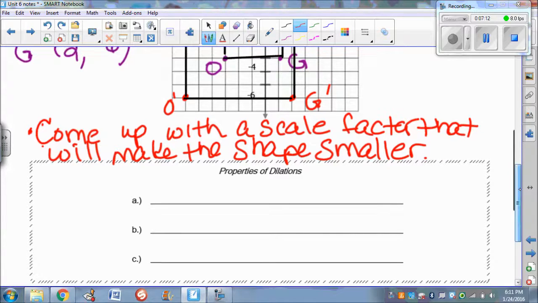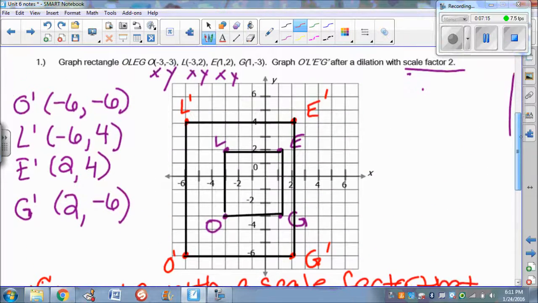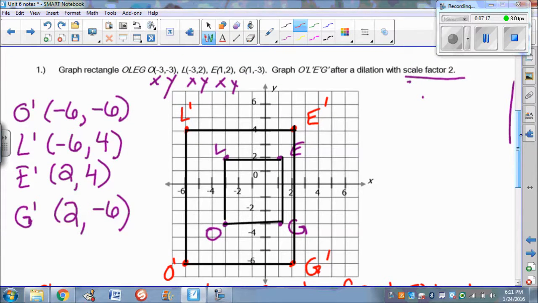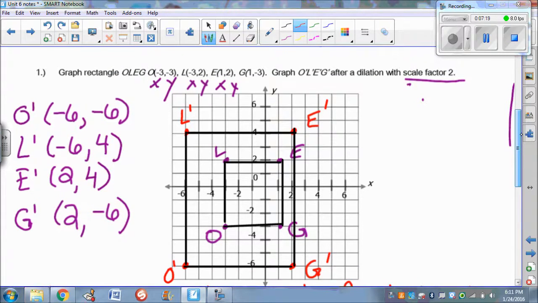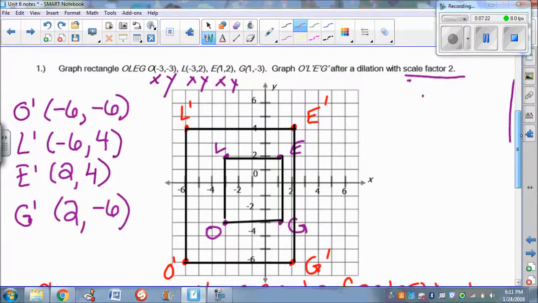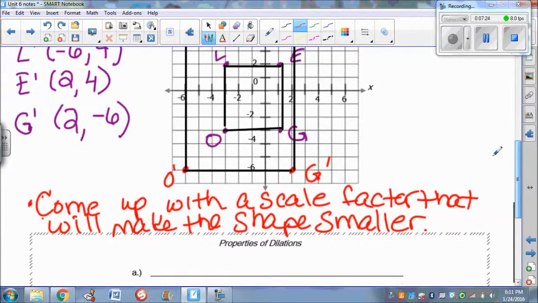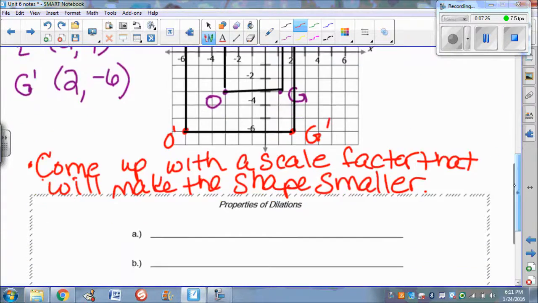If you have to test it out, you could use exercise 1. Pick a different scale factor, plot your points, and see if it makes your shape smaller than your original. That's the first thing.